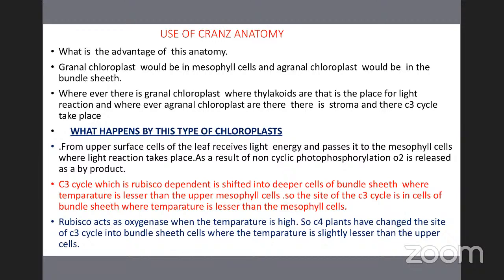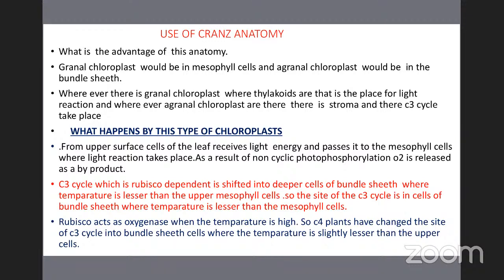Yes, there is a specific reason for this type of arrangement, granal in mesophyll and agranal in bundle sheath. That reason is that in a granal type of chloroplast, full-fledged organelles are there, which are thylakoids, and in thylakoids, pigments. This pigment is the most essential factor in receiving the sunlight from the upper epidermal cells.